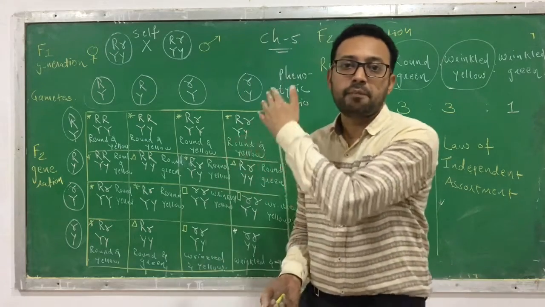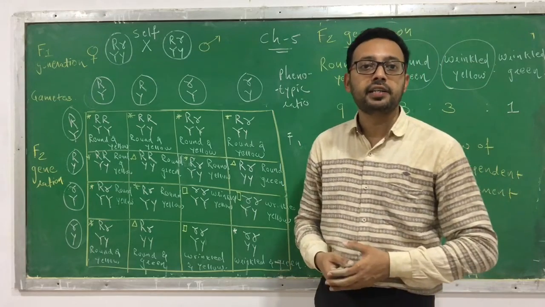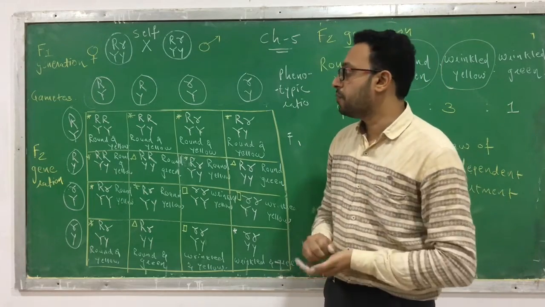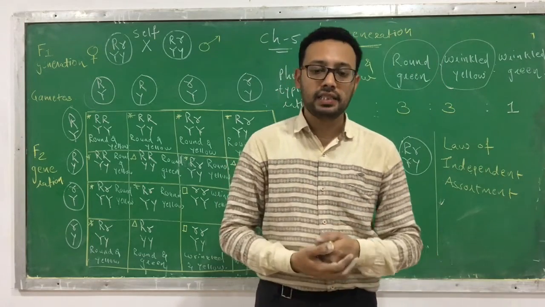This is an example in a pea plant, because you know that Mendel performed all his experiments in the garden pea plant, that is Pisum sativum. But I will give you a hypothetical example.